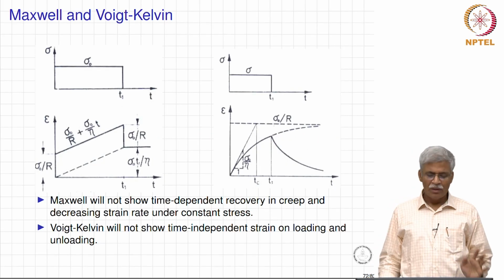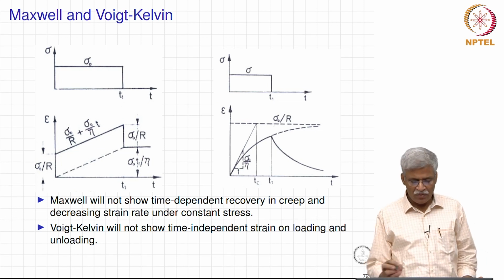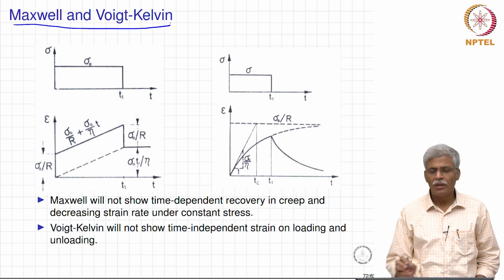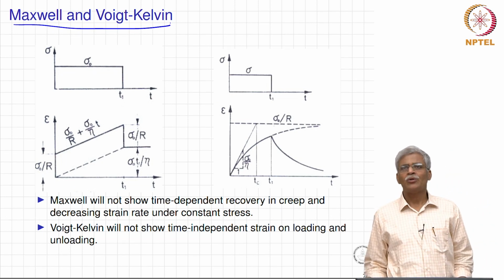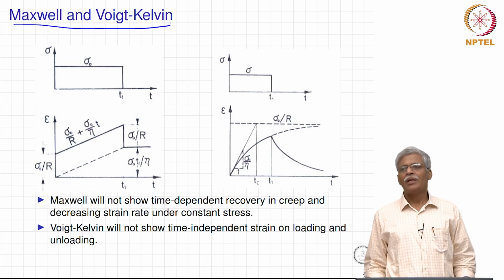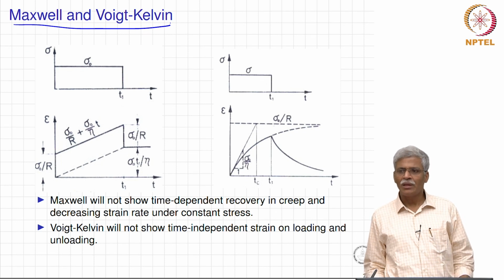So, hello everyone. In the last lecture, we stopped with the comparison of the Maxwell and the Kelvin model. We also discussed that these two models on their own cannot exhibit all the responses that we want for a viscoelastic material.